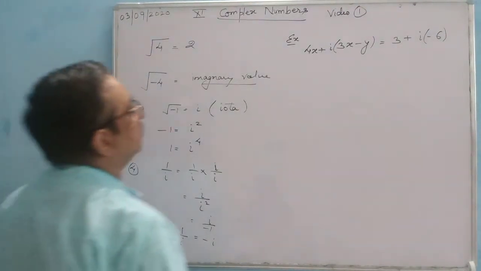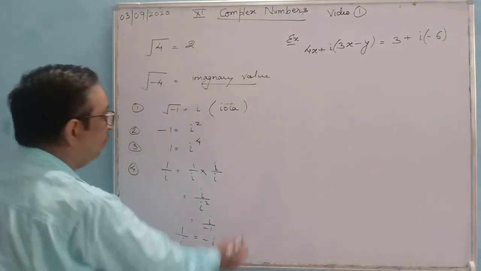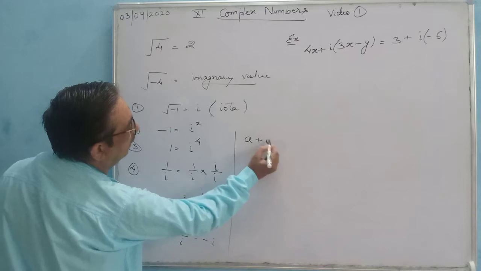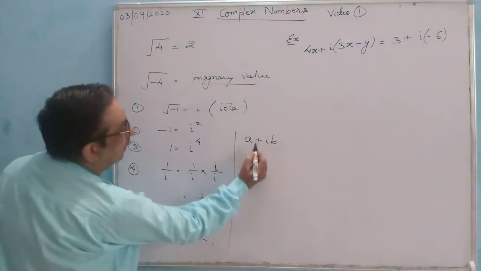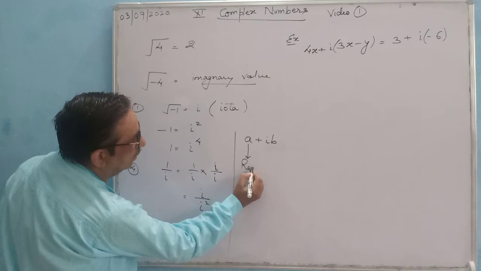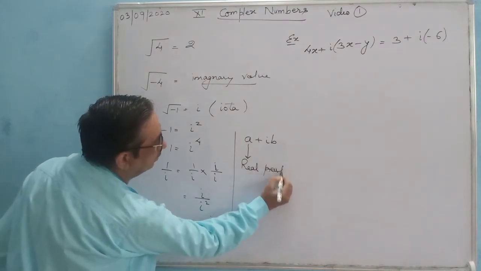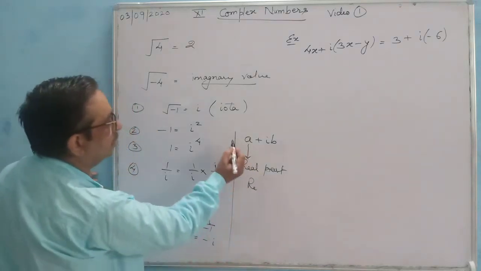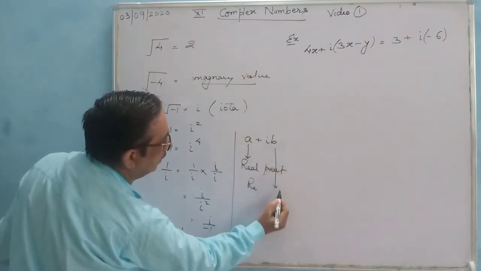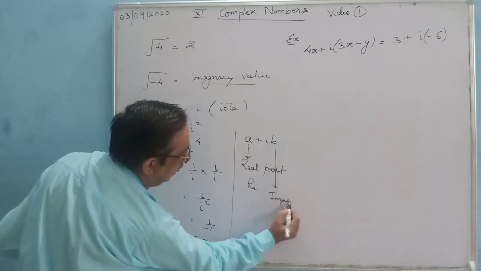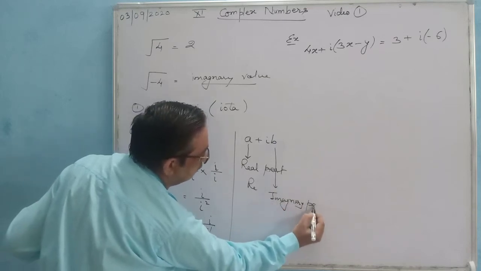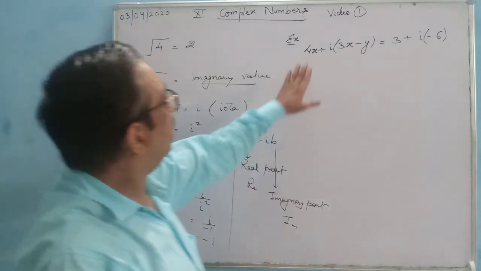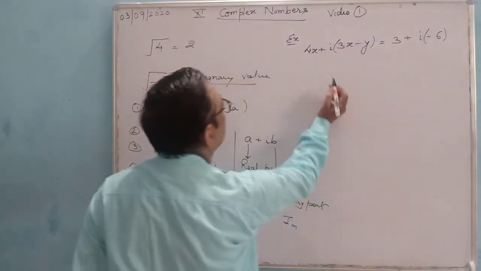In the case of x and y, this is a very important point: if any number is written as a plus ib, this a is the real part and b is the imaginary part. Real part is equal to real part.